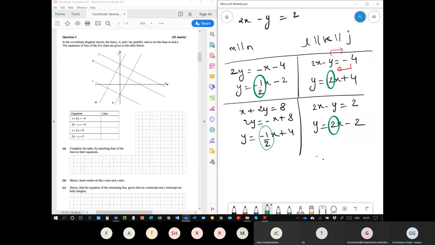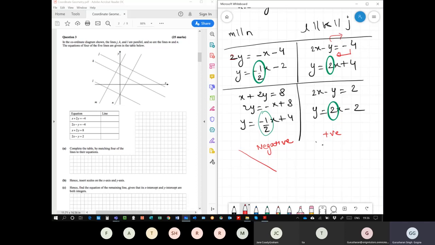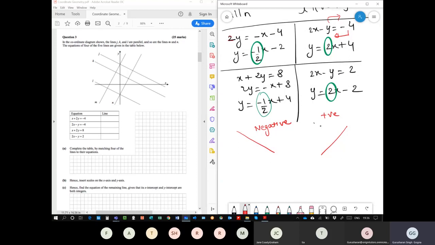Now, how will you compare with the pairs of the line it is given? So all you need to do is you need to say that, okay, this is negative slope, isn't it? Minus half means negative slope, and negative slope means the line should be like this, and this is a positive slope. Both of them have positive slope, so your line should look like this. So which pair of the lines are looking like that? So with a negative slope, L, J, and K, they have negative slopes, isn't it?